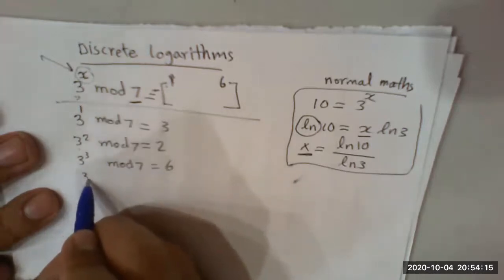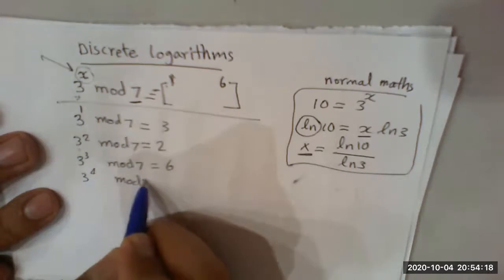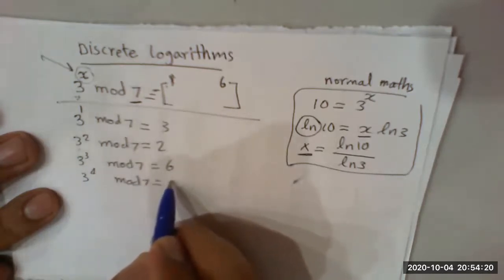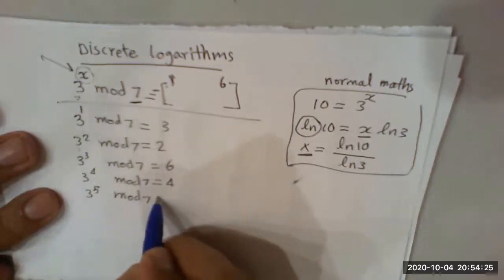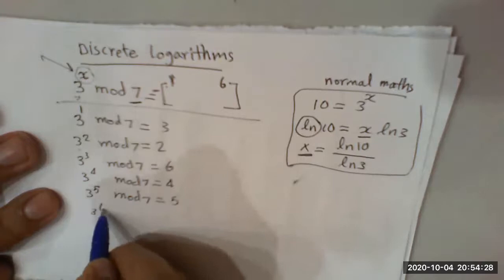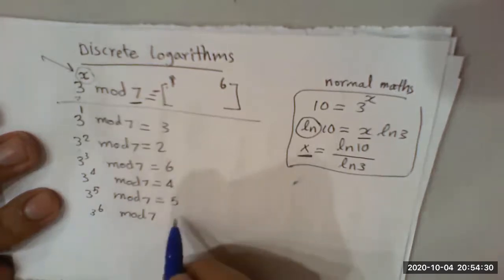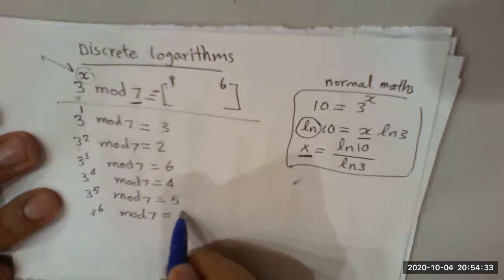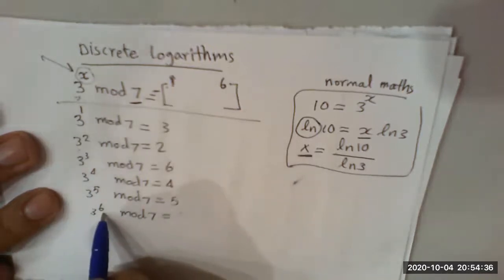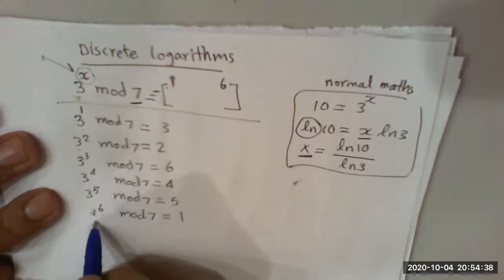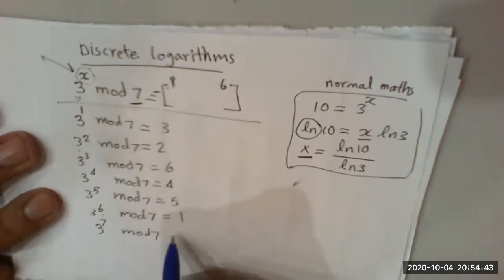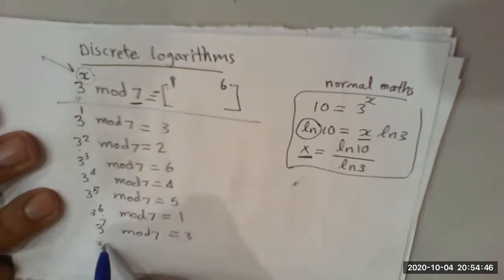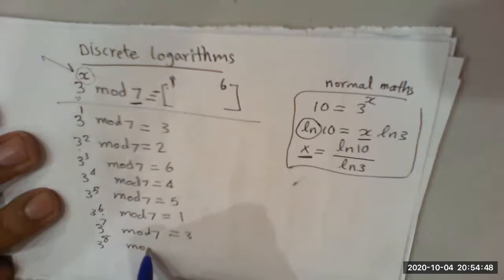You can check this. 3^4 mod 7 equals 4, and 3^5 mod 7 equals 5. 3^6 mod 7 equals 1, and 3^7 mod 7 is going to give me 3, and 3^8 mod 7 is going to give me 2, and so on.